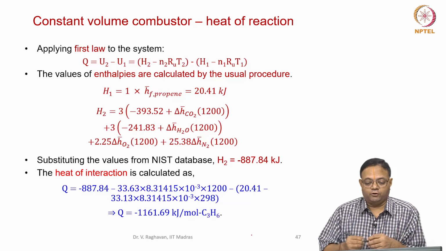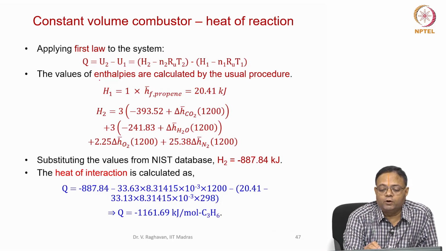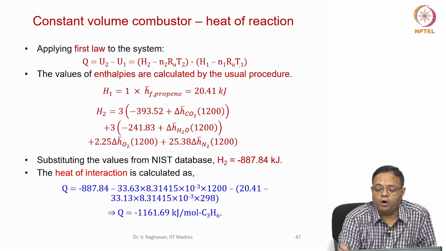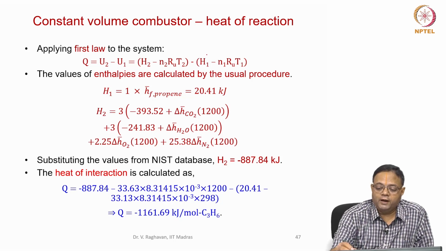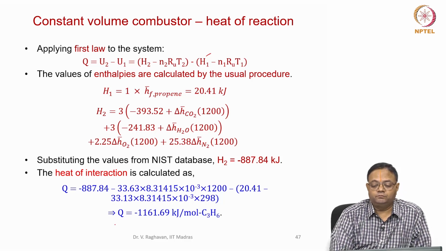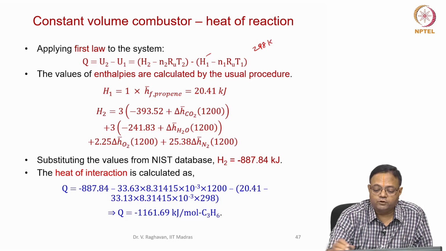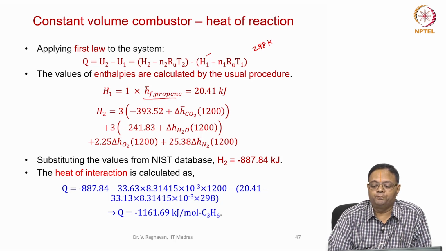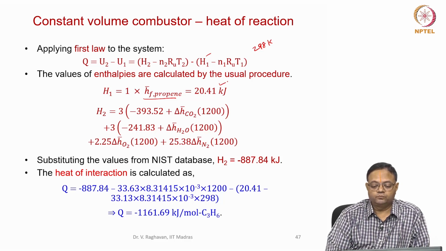So that is what we are trying to do now. Heat of reaction Q equals U2 minus U1, that is H2 minus N2 R_U T2 minus (H1 minus N1 R_U T1). Since the reactants are at 298 Kelvin, H1 will be nothing but the enthalpy of formation of propene only, which you take from the tables.